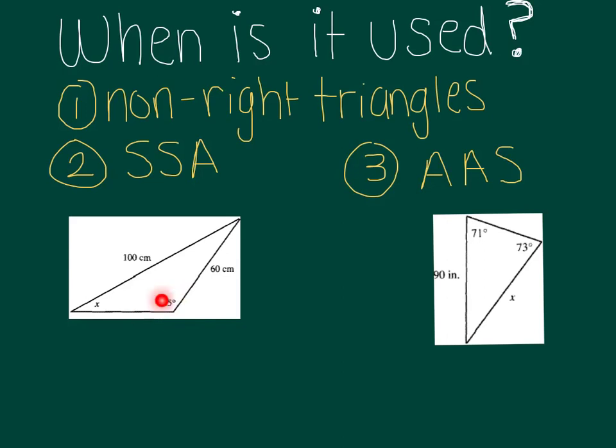Notice that the angle is not included between those two sides. This is like the example we saw in example 2. Another time you'll use it is when you know an angle and a side in that order. Notice again, side not included between the two angles. This is like what we saw in example 1.